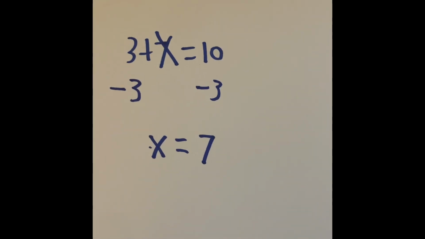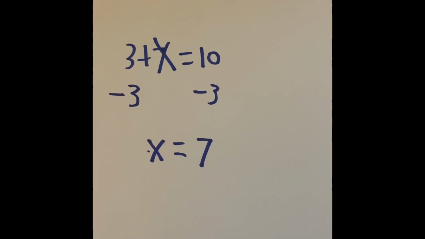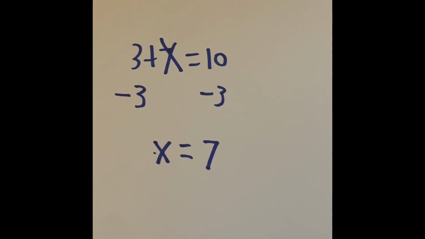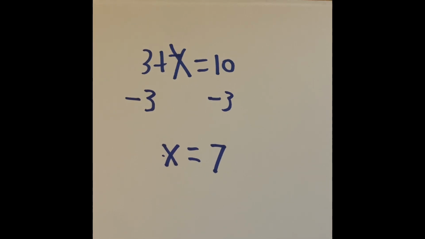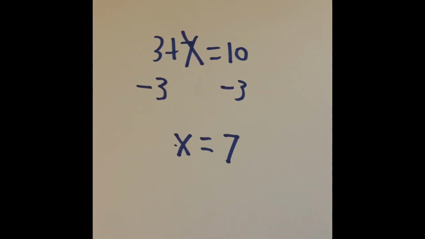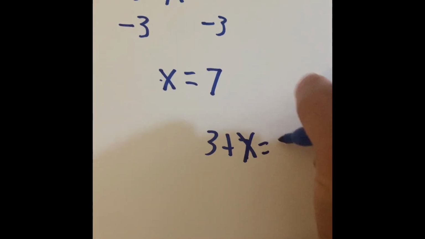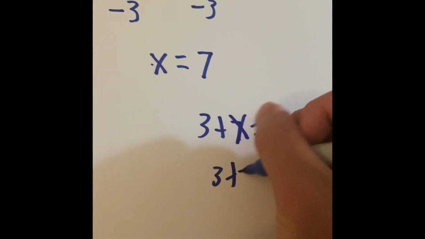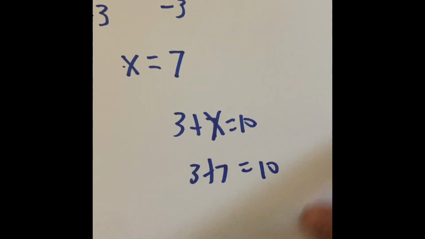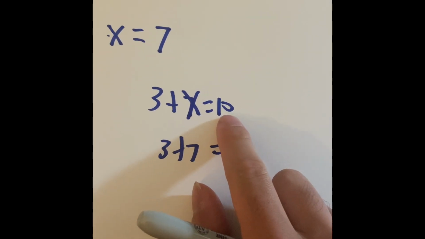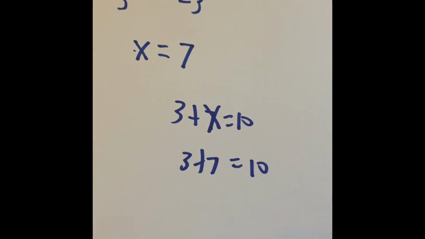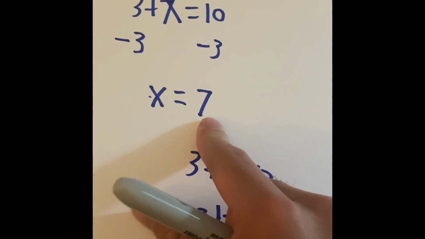So what we just did is we reversed the work and got to what x represented as the unknown value. We did 3 plus x equals 10, 3 plus 7 equals 10. If you have 10 as the answer, work backwards to get the missing number.